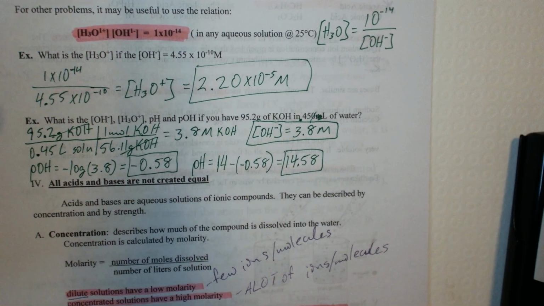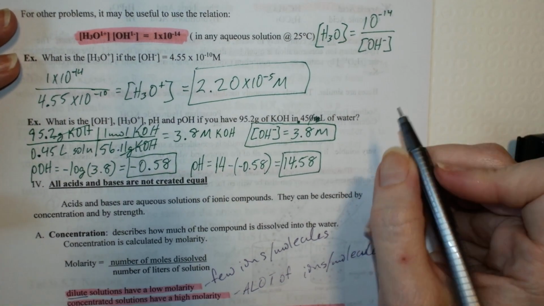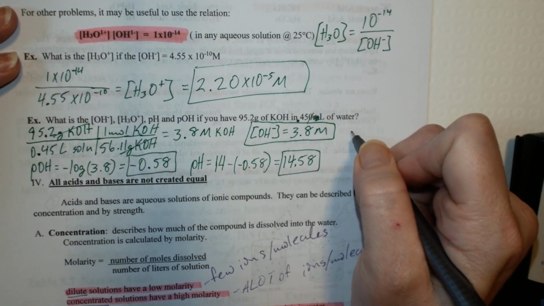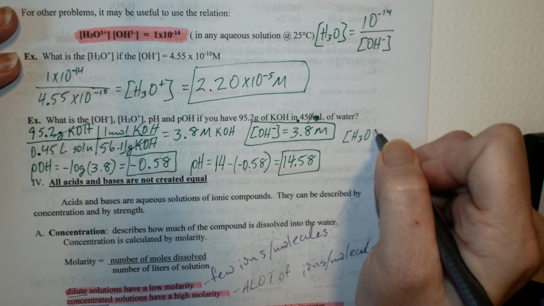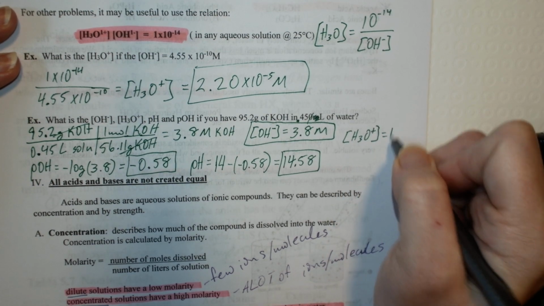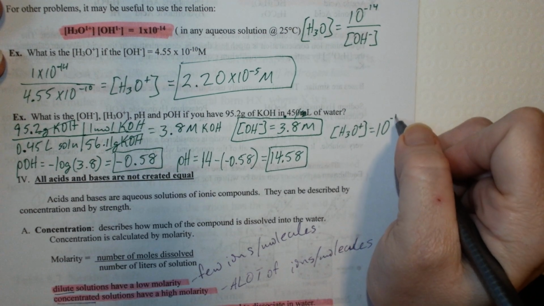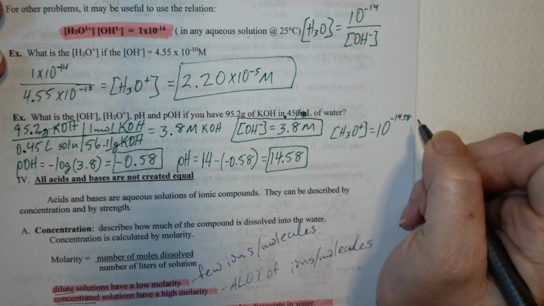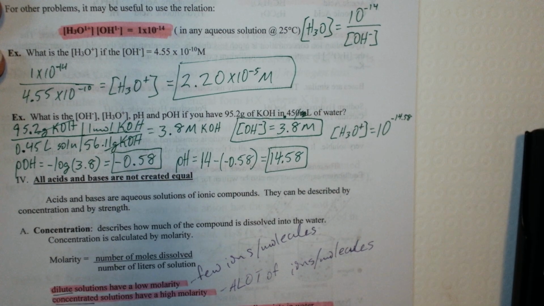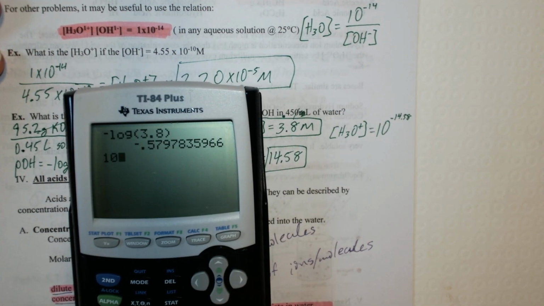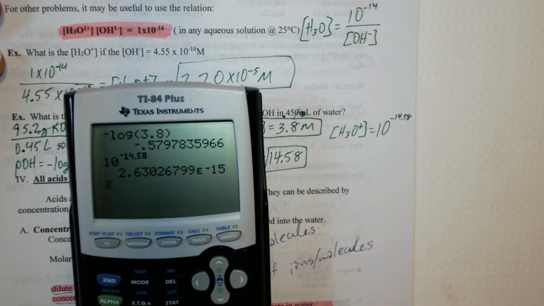Then my hydronium ion concentration is 10 to the negative of the pH, which is negative 14.58. So that would be, okay.